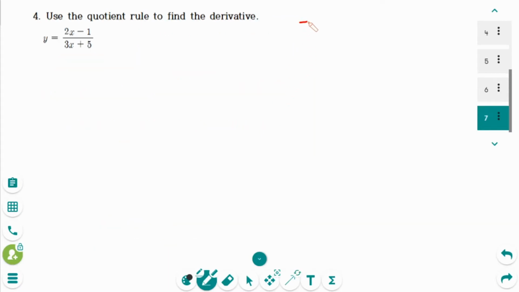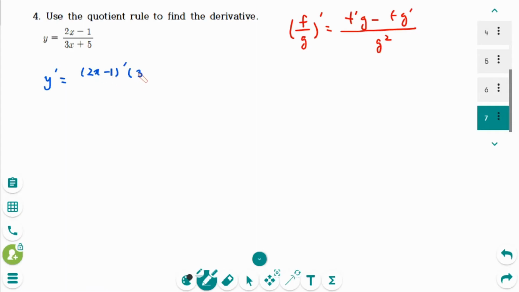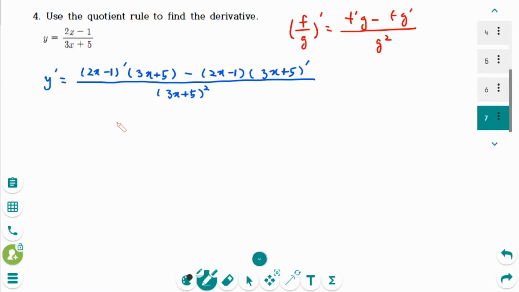Number 4, (f/g)′ = (f′g − fg′)/g². y′ = [(2x − 1)′(3x + 5) − (2x − 1)(3x + 5)′] / (3x + 5)².